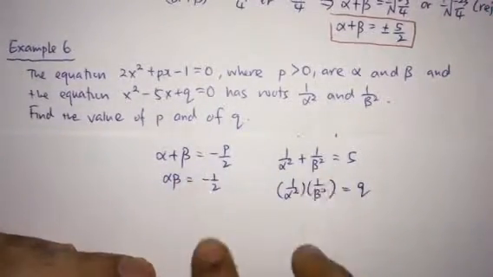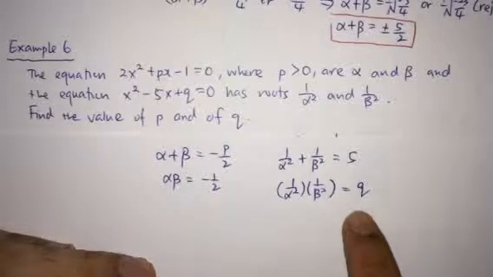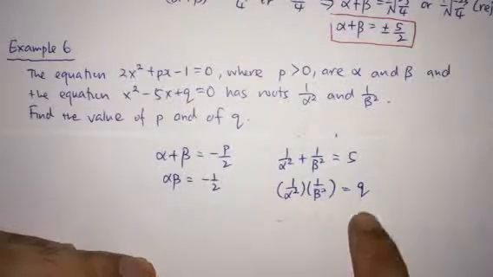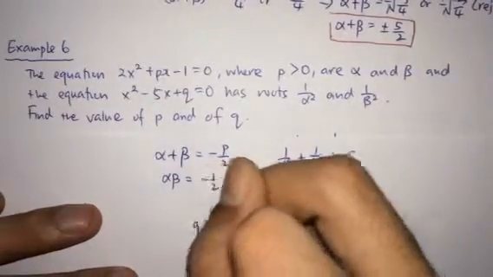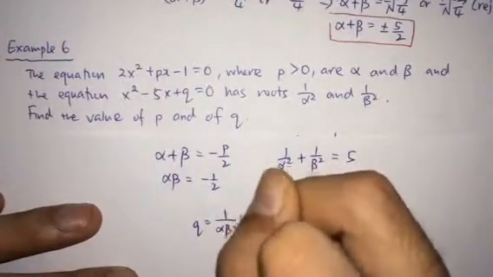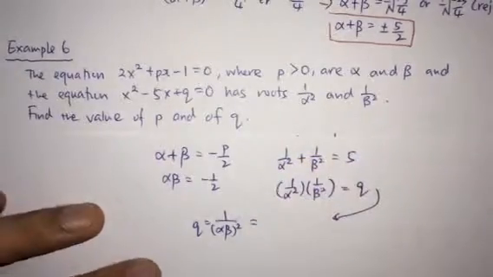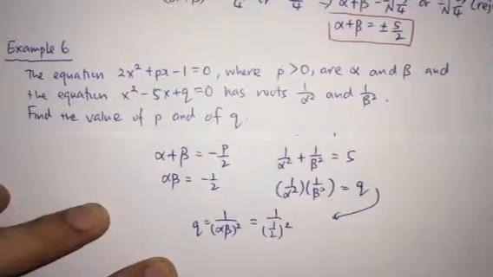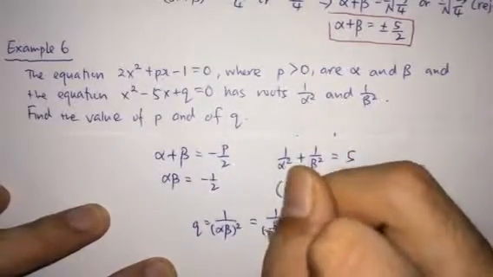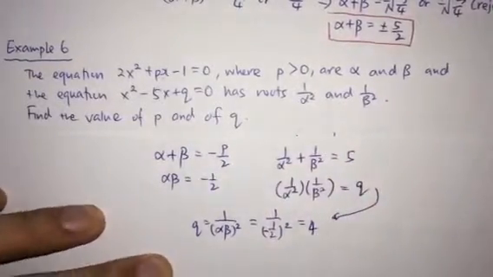Looking at these four equations, we can find the value of q. Starting from here, we know that q is equal to 1 over alpha beta squared. And 1 over alpha beta squared is 1 over negative half squared, which will give you 4.